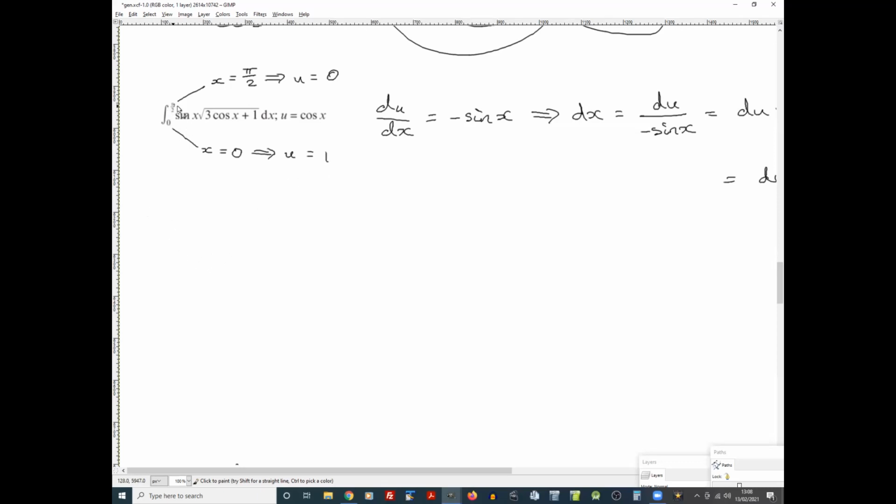As I was saying before, you could be ruthless and substitute for every single thing in here. But with practice, you don't really want to bother. Let's go ahead and substitute now. So the integral between those limits. Now we do want to switch those round.